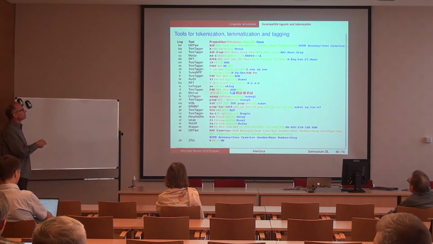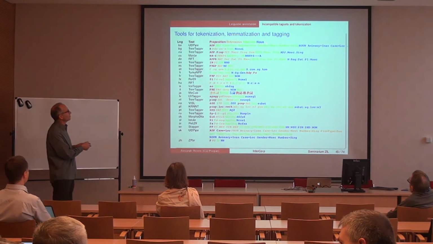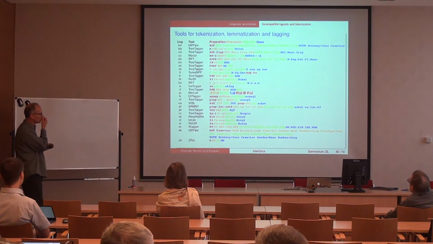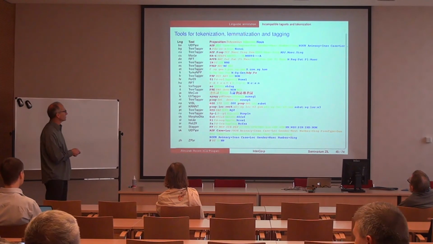Preposition is red, determiner is orange, adjective is green, and noun is blue. Some of them are similar and some of them are very different.